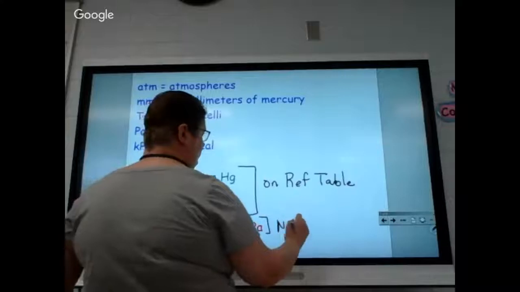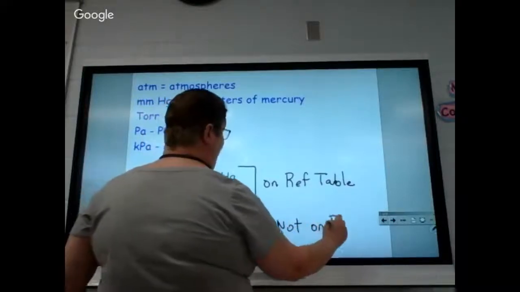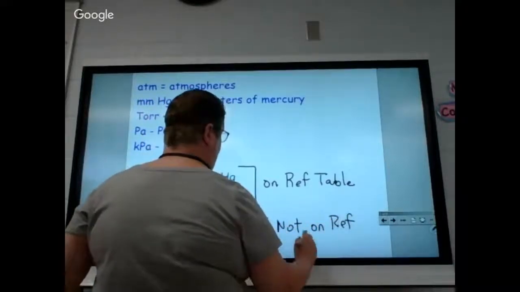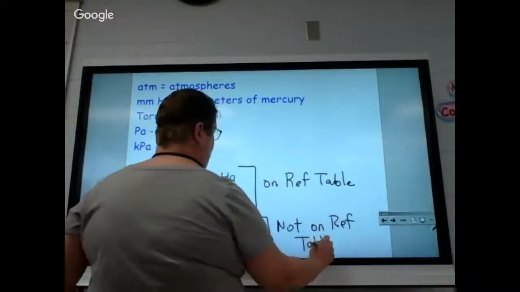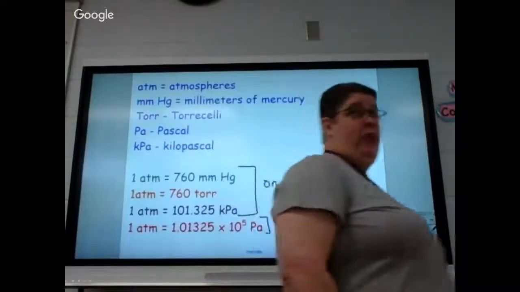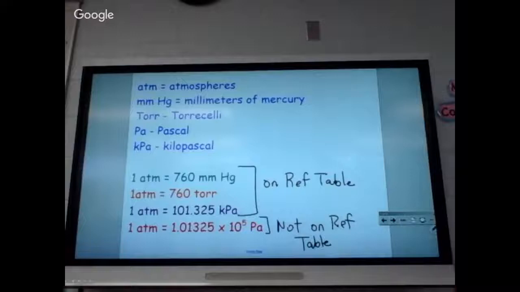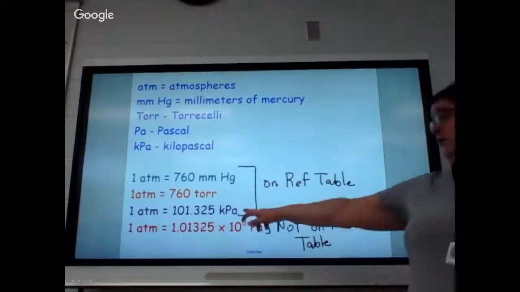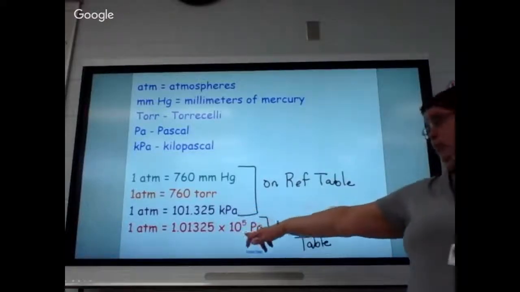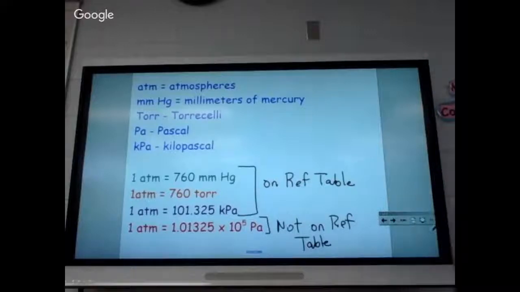This one here is not on the reference table. You have to remember it, or you can make the conversion from KPA to PA. You can do it either way. I don't care. But you have to be able to get PA.